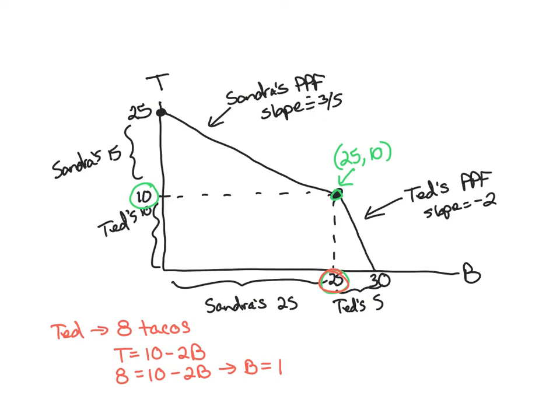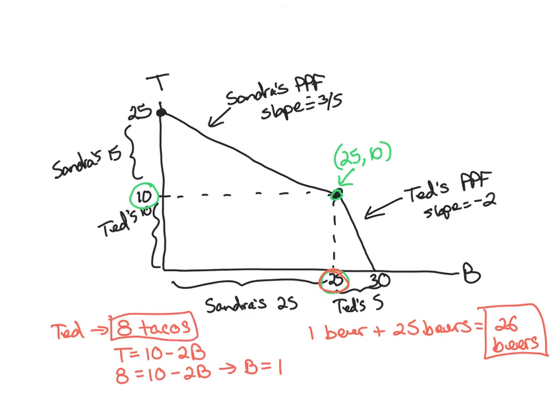So if we add 1 beer from Ted plus the 25 beers that Sandra can make, we end up with 26 beers, which is the most possible number of beers that the two of them can produce if they must also make 8 tacos.